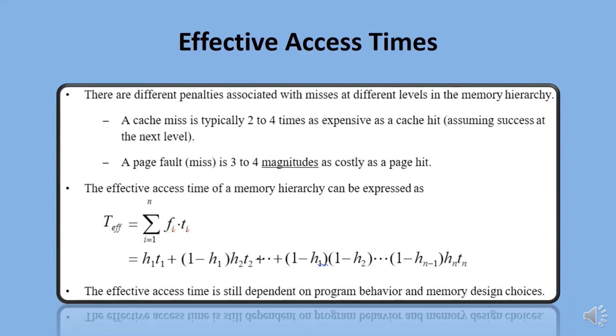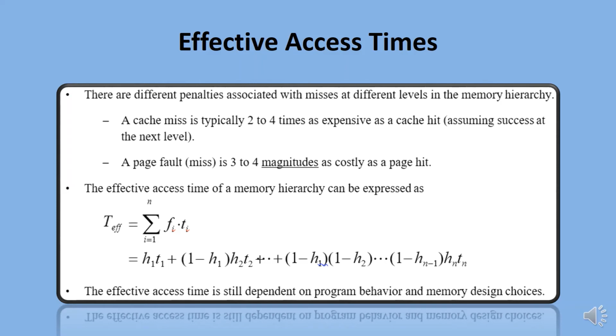Effective access times. There are different penalties associated with misses at different levels in the memory hierarchy. A cache miss is typically 2 to 4 times as expensive as a cache hit. A page fault or miss is 3 to 4 orders of magnitude as costly as a page hit.